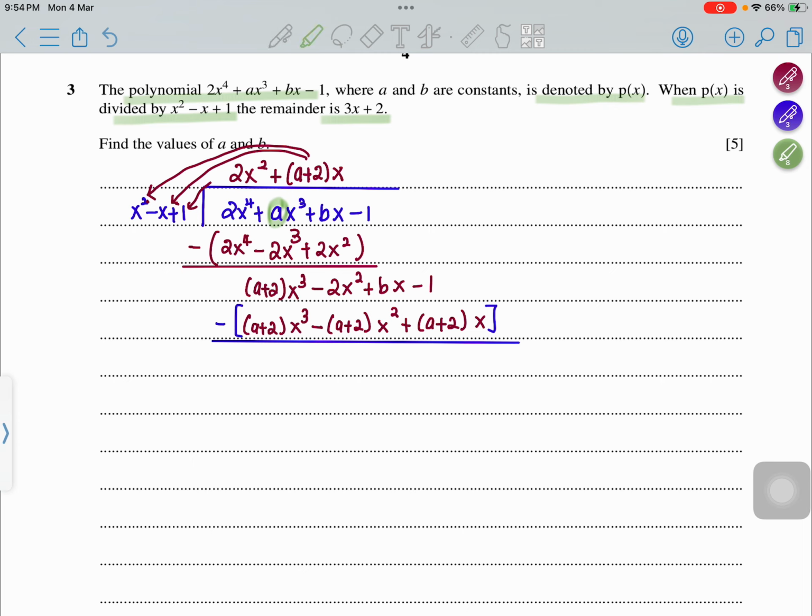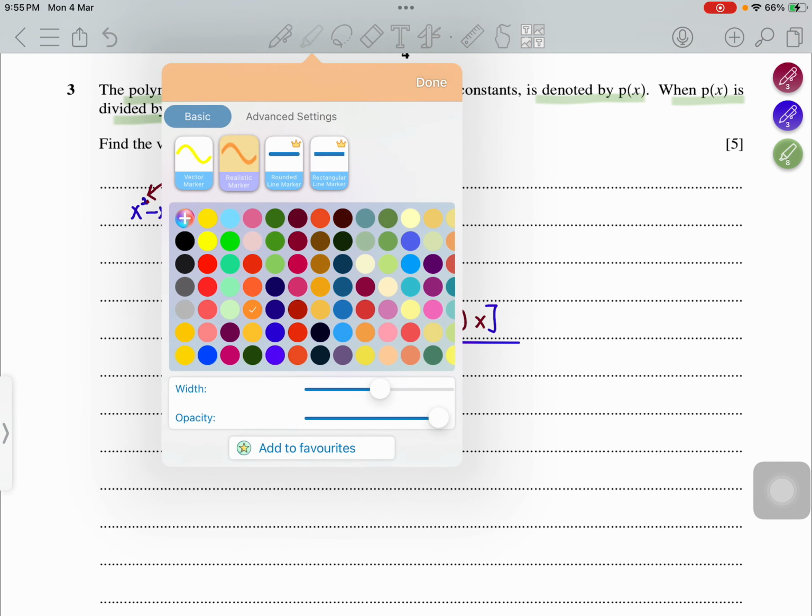So be quite careful when you are doing this manipulation. Similarly, see, do I have an x squared and x squared here? Yes. So I need to do that separately. So minus 2 plus a and then plus 2. So if you are not so sure, what you can do very slowly, you can do separately.